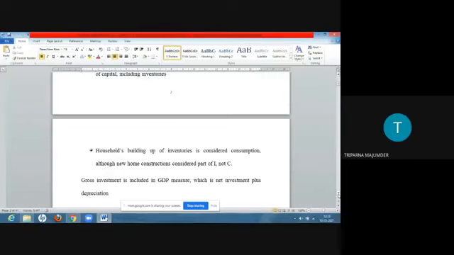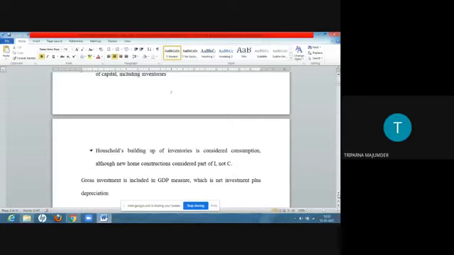So instead of buying one packet of butter, we buy two. Instead of buying 5 kgs of flour, we buy 10 kgs of wheat flour. So this is not included in inventories. This will be included in consumption.